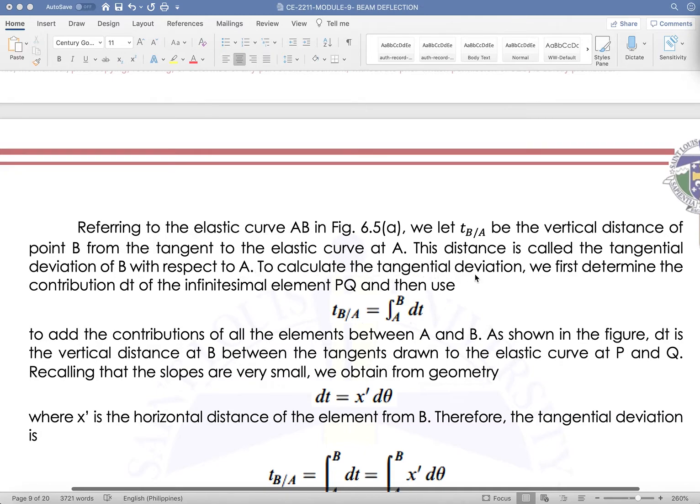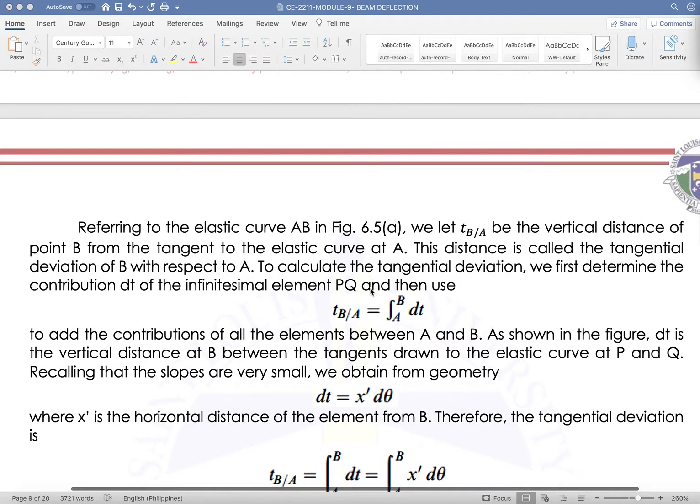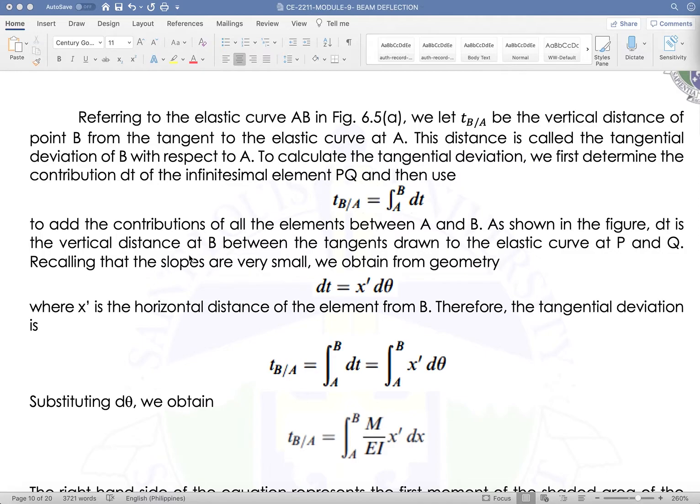So to calculate the tangential deviation, we first determine the contribution, or dt, of the infinitesimal element PQ, and then the tangential deviation of B with respect to A is equivalent to the sum of dt from point A to point B. Okay, so if we are to add the contributions of all elements between A and B, as shown in the figure, dt is the vertical distance at B and the tangent drawn to the elastic curve at P and Q. Recalling that slopes are very small, we obtain from the geometry that dt is equivalent to x prime d theta.